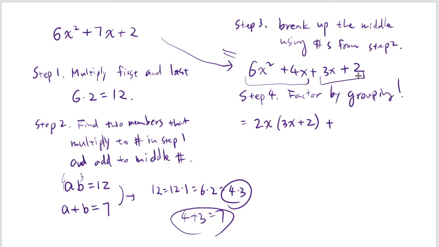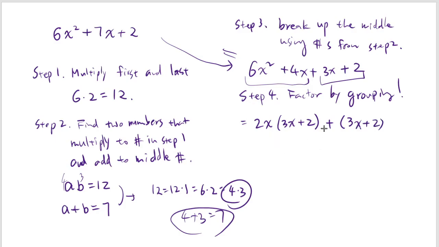Now the next two don't share any common factors, nor do you have a minus. If you have a minus in front of the x, then you should factor that out as well, but they're both positive, so in this case just group them. There's no more way to factor it.